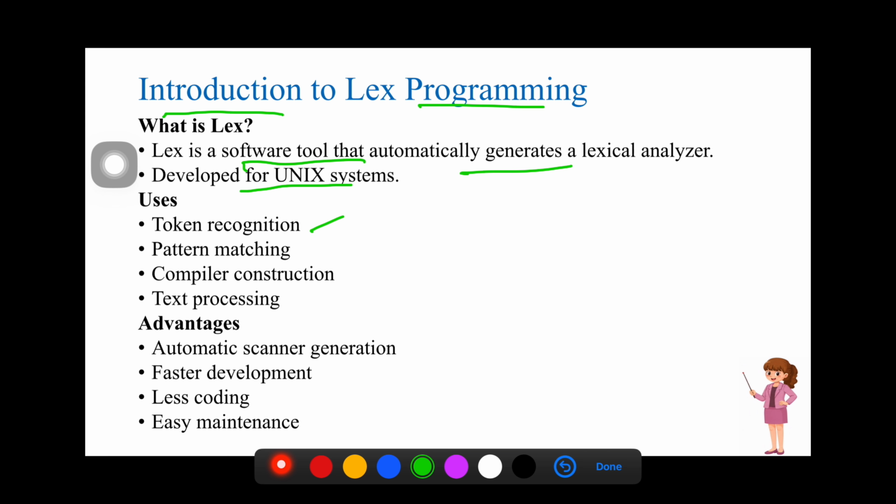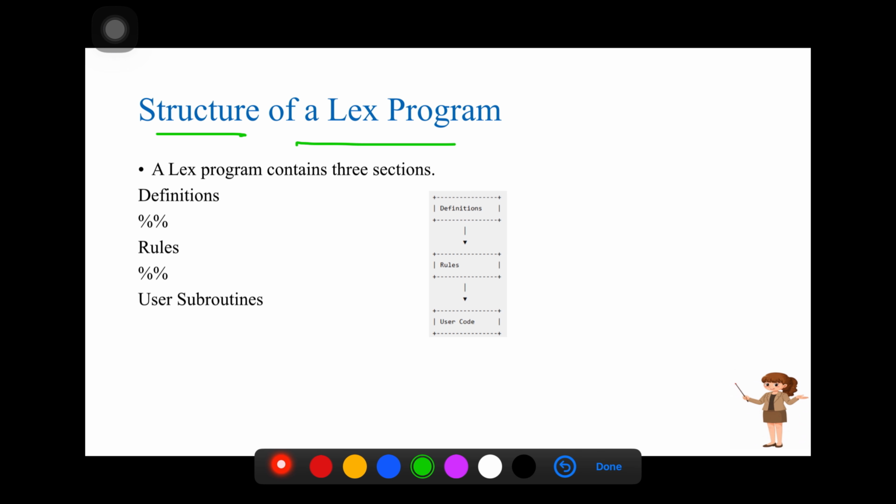I hope you guys understood. Let's move on to the next slide. The structure of a Lex program. A Lex program mainly contains three sections: definitions, rules, and user subroutines. The definition section involves header files, variable declarations, macro definitions, or regular expression definitions.